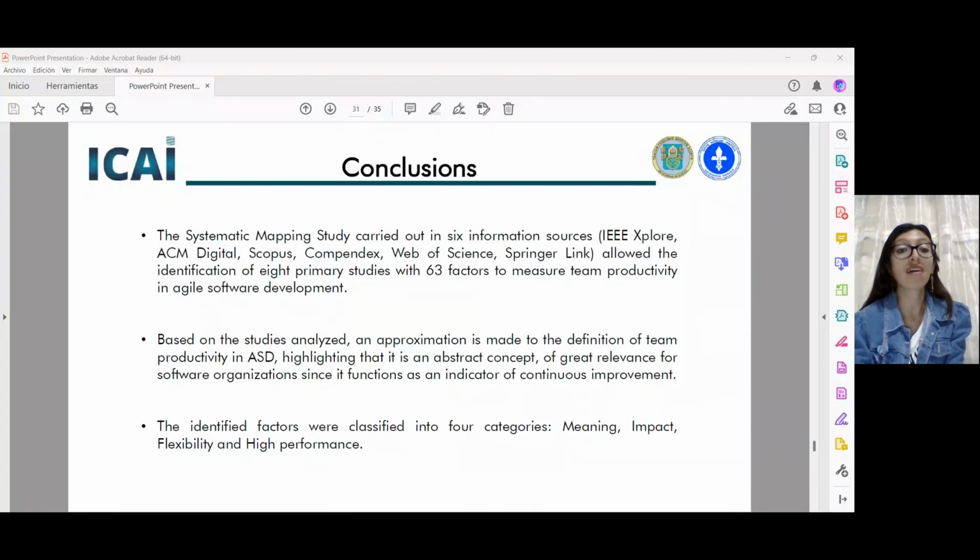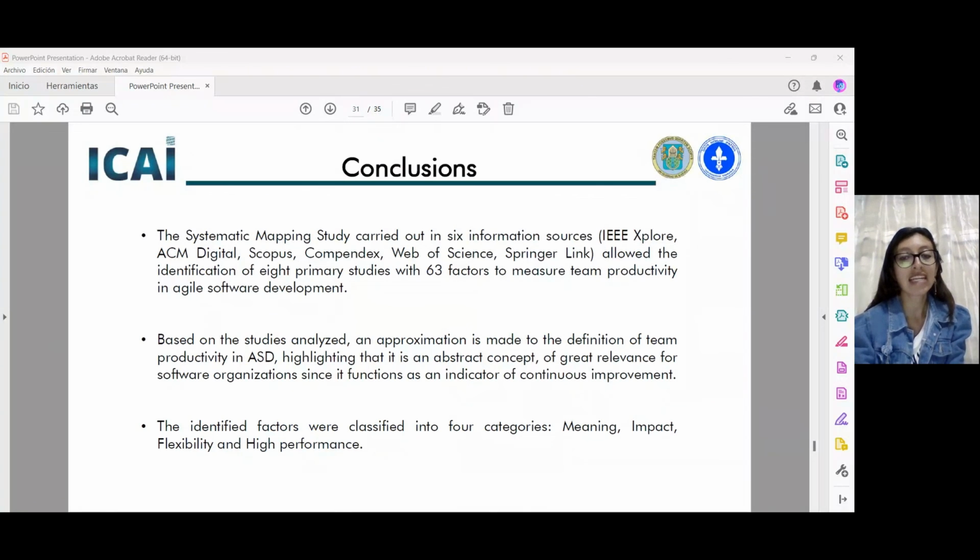It is an abstract concept of great relevance for software organizations, and it functions as an indicator for continuous improvement. In addition, team productivity in ASD has factors that generate an impact that allows the achievement of the objectives associated with customer satisfaction. The identified factors were classified into four categories: meaning, impact, flexibility, and high performance.